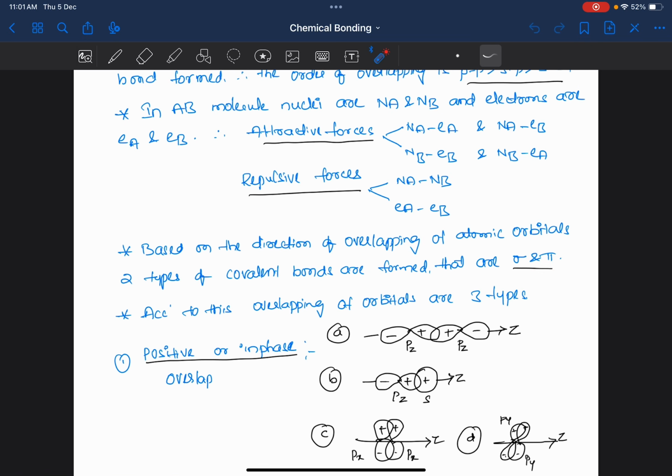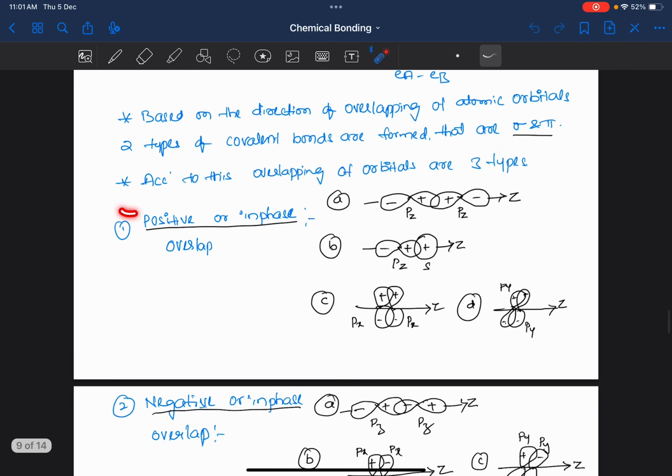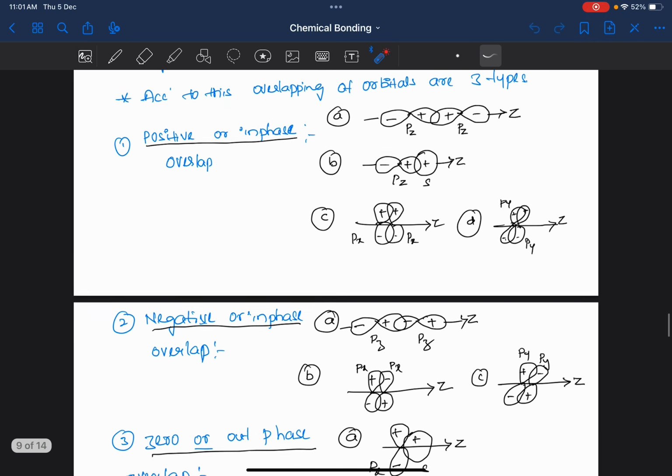The overlapping of orbitals is always explained in three types. What are they? One is positive or in phase, the second is negative or out of phase, and the third is zero or out of phase overlapping.